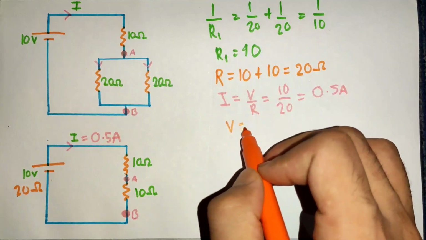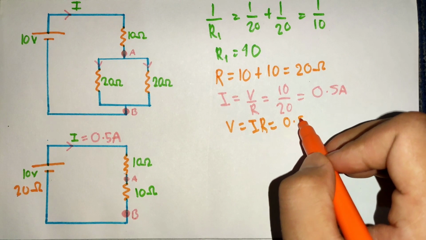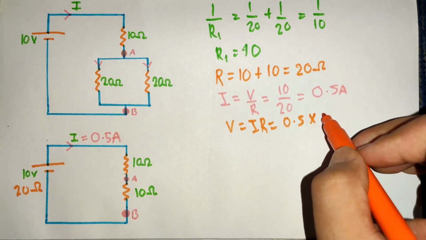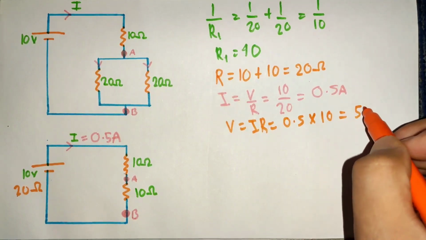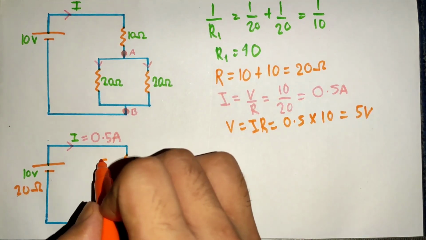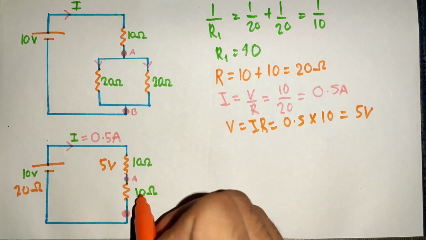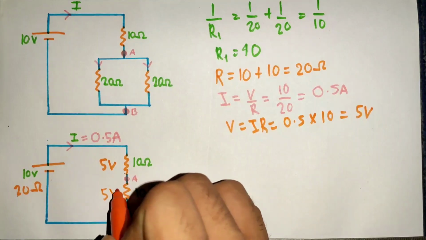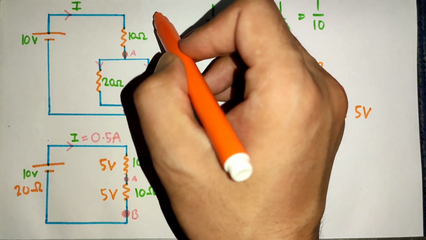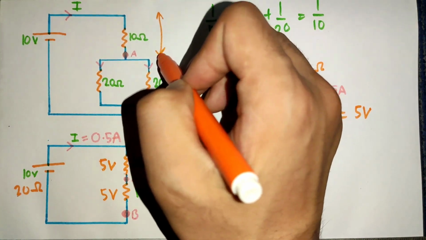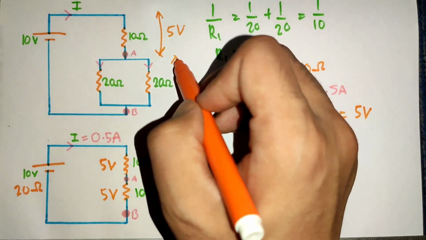For that we can use V equal to IR, where current is 0.5 ampere and resistance 10 ohm. That gives us 5 volt. As both are 10 ohm resistor, so we can write 5 volt here too. We can write 5 volt here also, because both are same circuit.